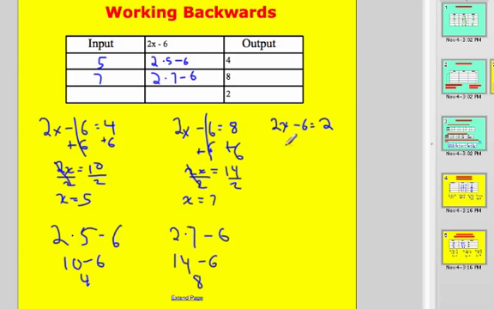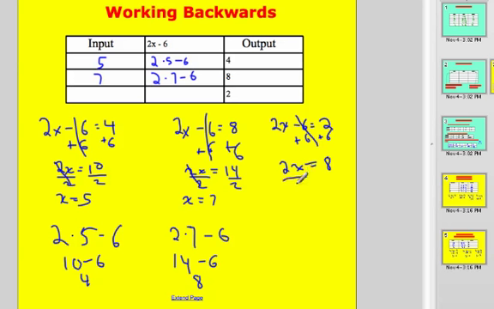Last problem. Pause it right now and see how you do on your own, figuring out what the input would be in this situation. Okay, the first step we would do is add 6 to both sides, because we want to get x by itself at the end of this problem. The 6's cancel, and now what we have is 2x equaling 8, right? 2 plus 6 is 8.